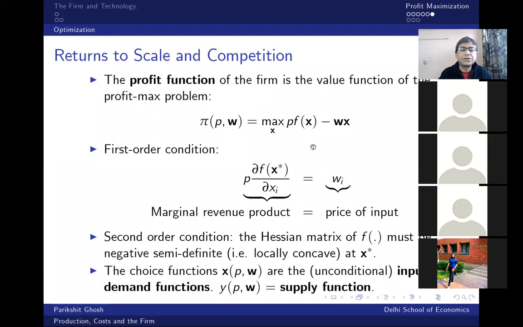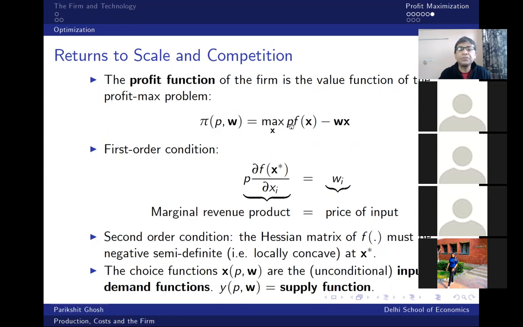If we tackle it this way, then our first order condition, assuming an interior solution, not worrying about corner solutions at this point: if I differentiate with respect to any of the inputs, let's say the ith input, x_i, and set the derivative equal to 0, we get this.